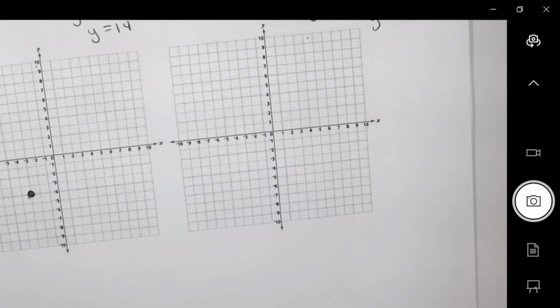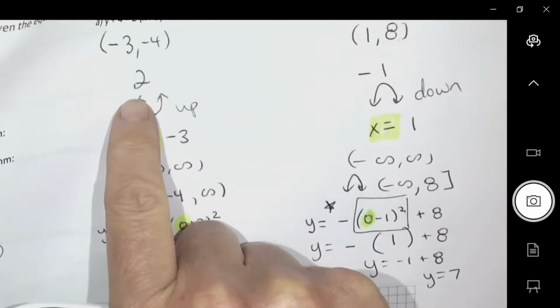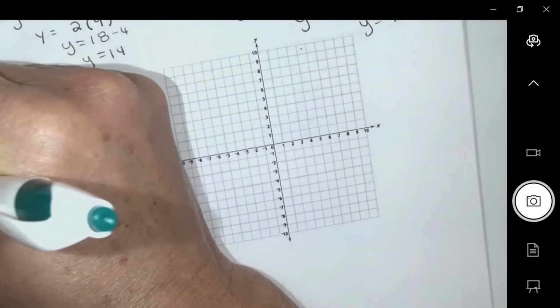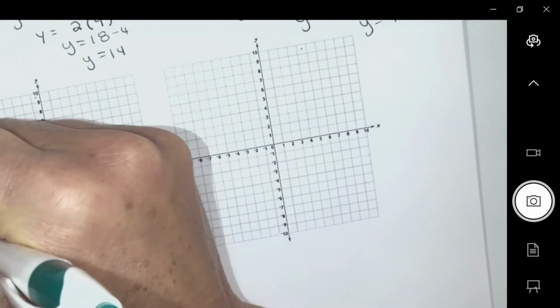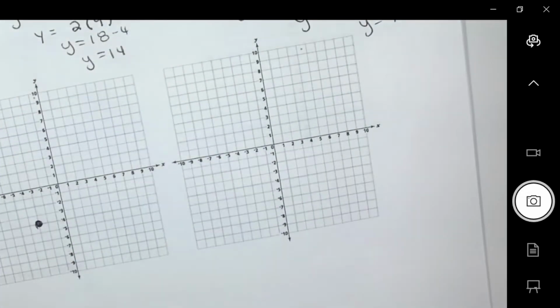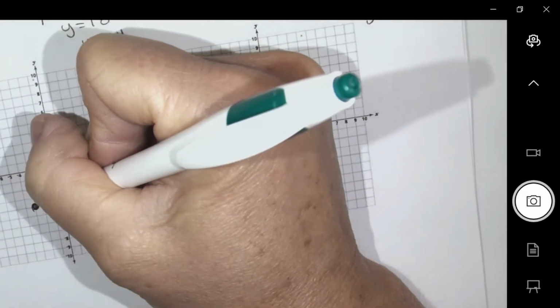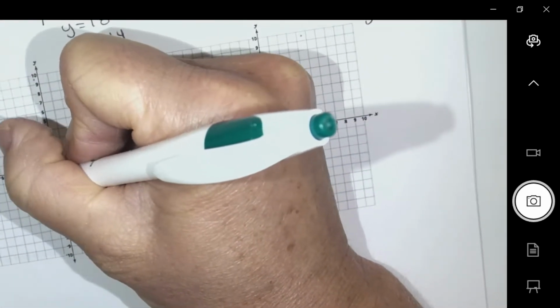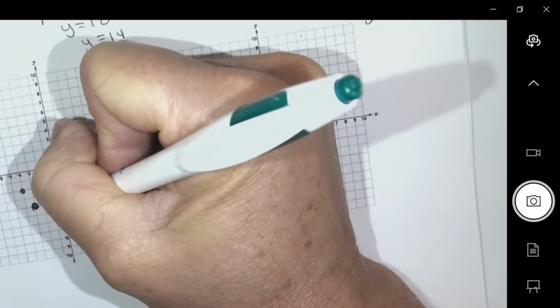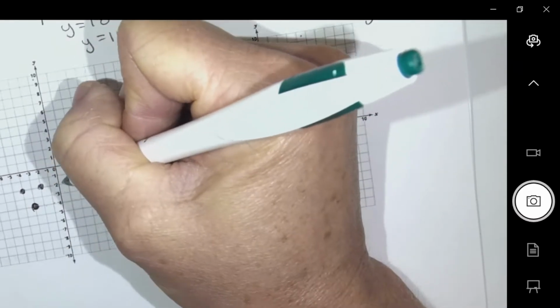Okay, that's basic. Are we basic? No, because our slope was 2. So I'm going to go over 1, up 2. And I'm going to go over 2, up 8.